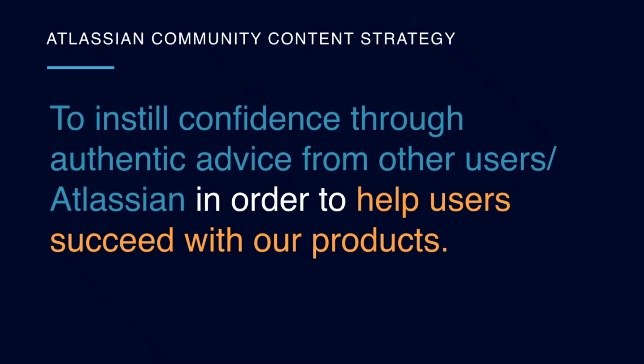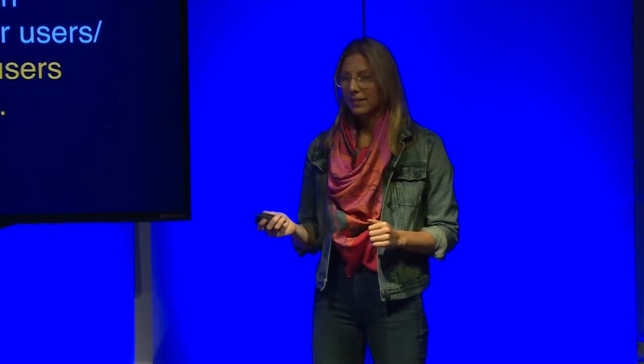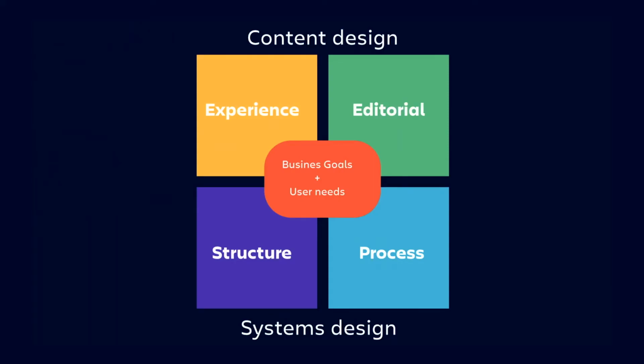So the Atlassian community content strategy statement is to instill confidence through authentic advice from other users and Atlassian in order to help users succeed with our products. Okay, so once you have that business goals and user needs statement, you can then start your community content quadrant exercise.